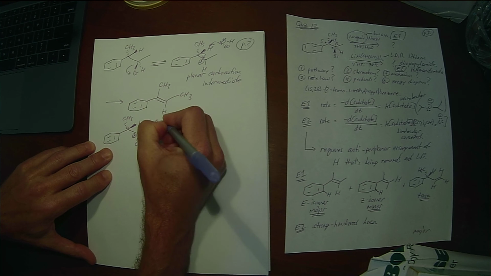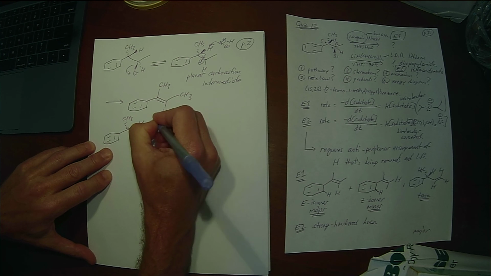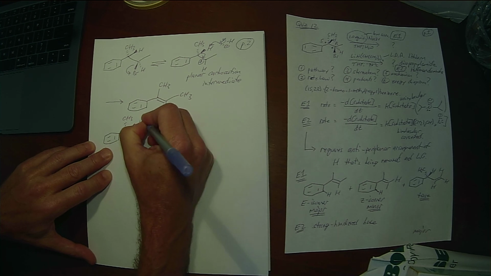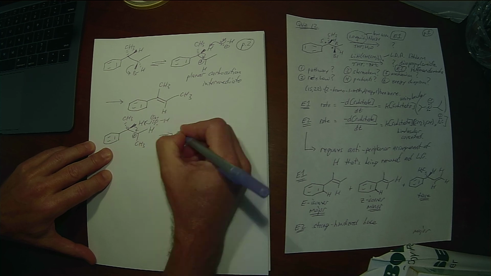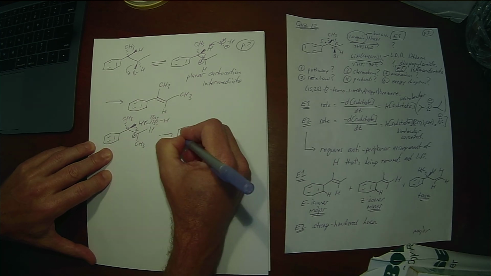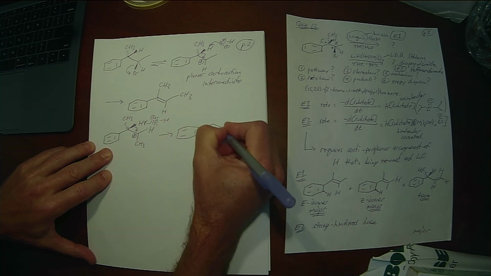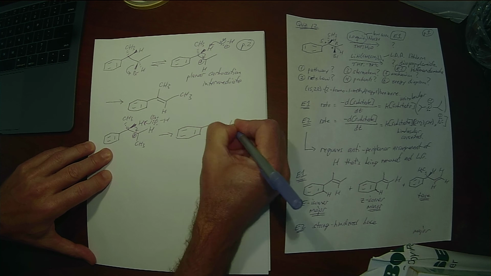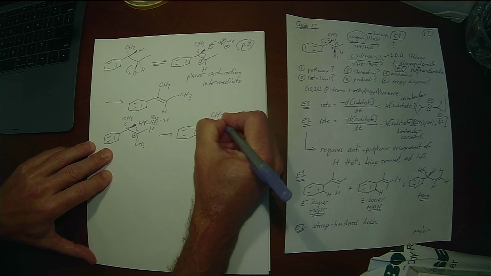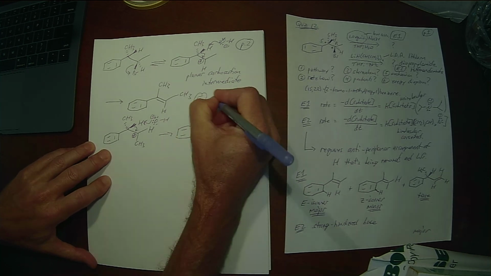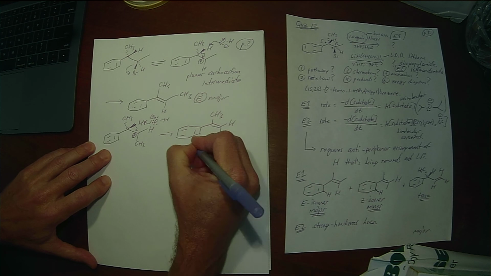And then when we remove that hydrogen, we would get the Z isomer. Since there's free rotation about that single bond, both of these are possible. So there's the E, which is the major. Here's the Z, which is the minor.